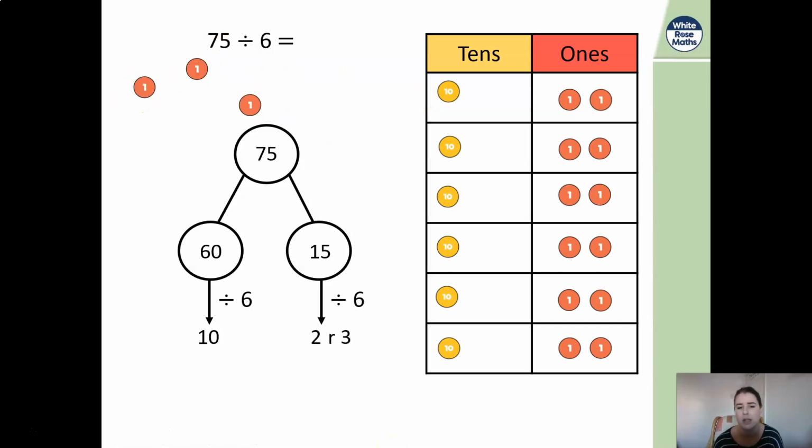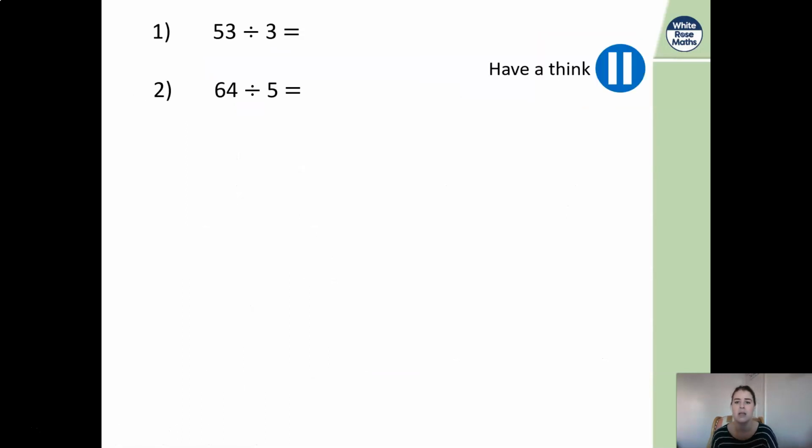That tells me I can get 6 into 15 twice, because 2 times 6 is 12, but to get from 12 to 15 I have 3 left over. So if I add my 10 and my 2 together, that gives me 12, plus my remainder, so 12 remainder 3. Based on that concept, I'd like you to now have a go at doing these questions.